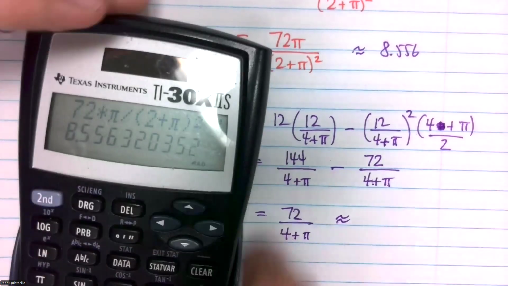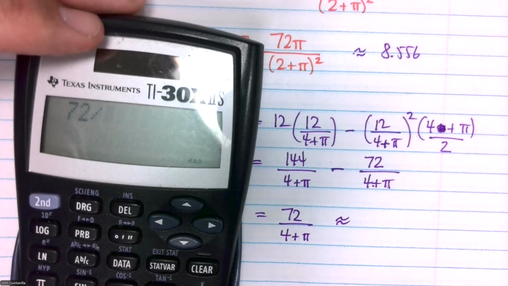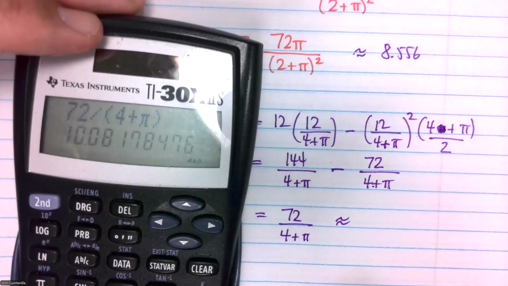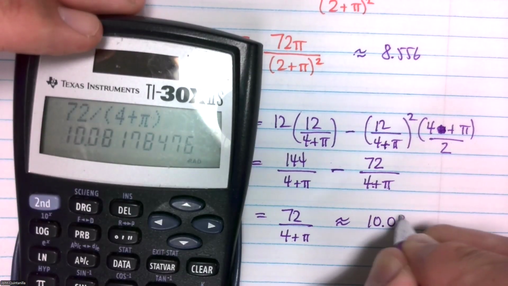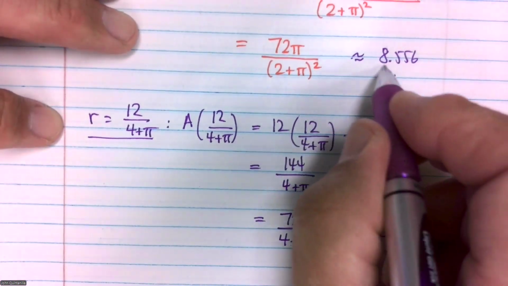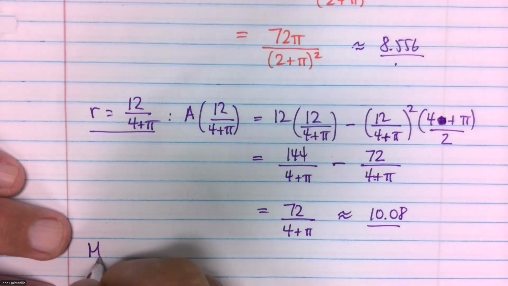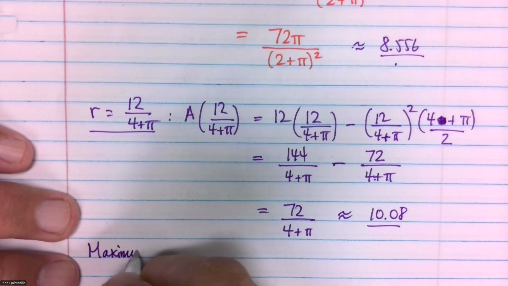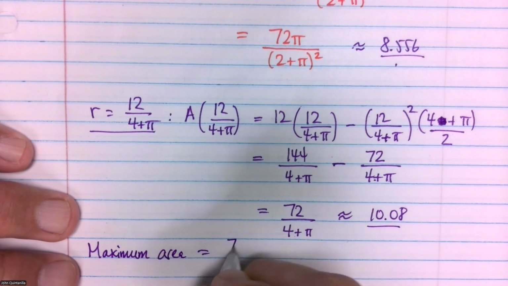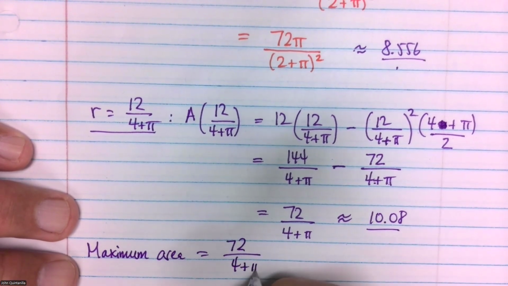Now if I plug that into my calculator, 72 divided by 4 plus pi, I get an answer of about 10.08. And so this is indeed bigger than this. Okay, so the maximum area is going to be what I just found, 72 over 4 plus pi.